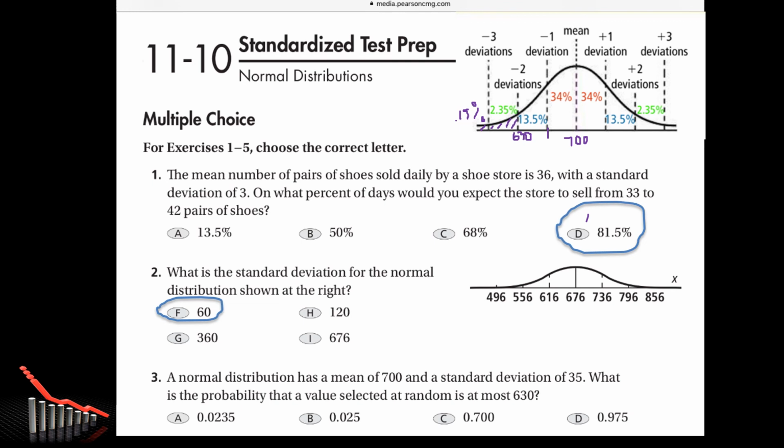Remember, within 3 is only 99.7% of the data. So we still have that 0.3% that needs to be divvied up on both sides, 0.15. So I'm going to add 2.35 plus 0.15 to get my percentage, and then change it back to a decimal. Hopefully you see that it would be 0.025.